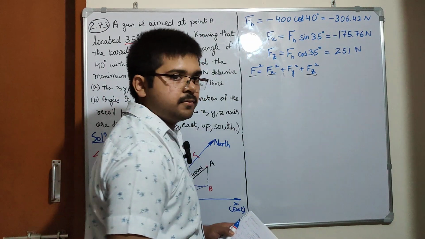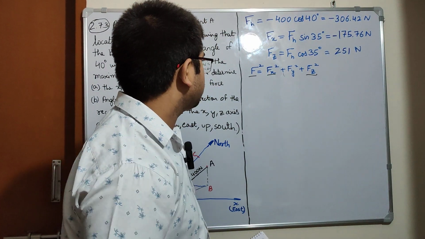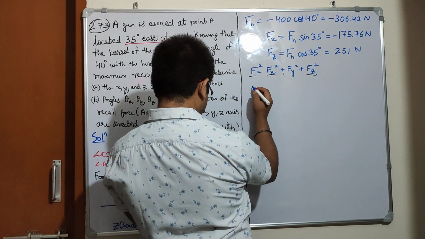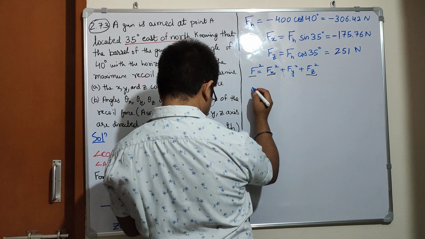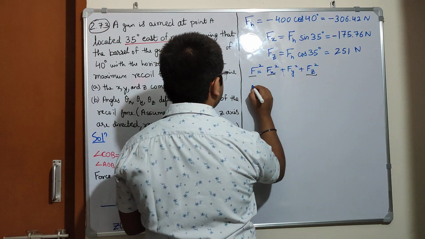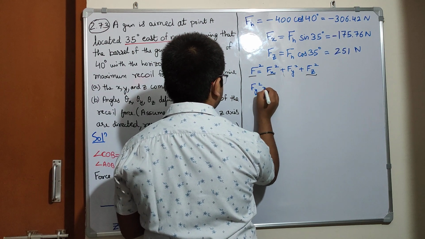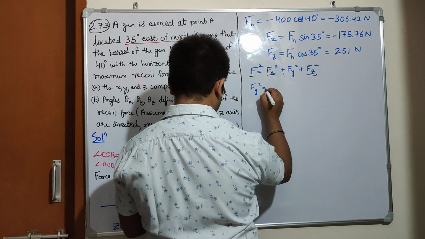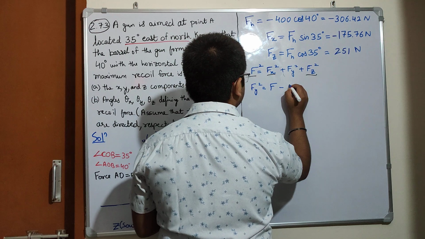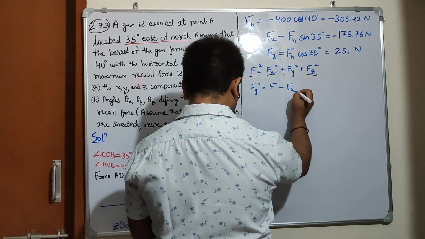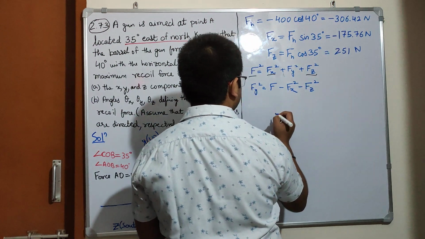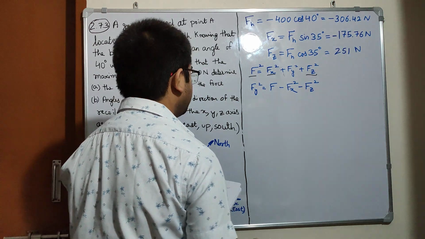So we can calculate Fy. Fy square equals F square minus Fx square minus Fz square.